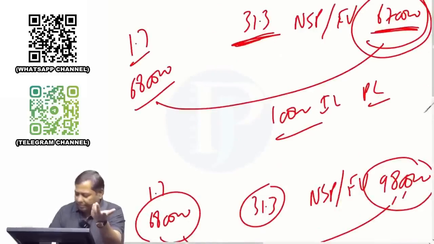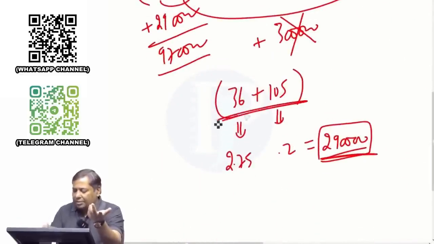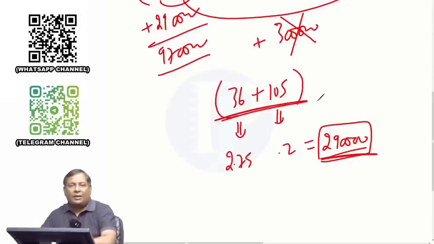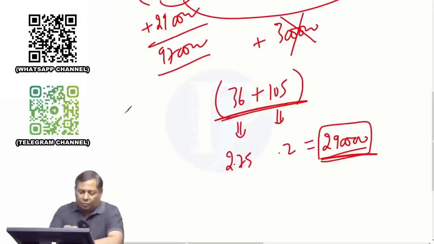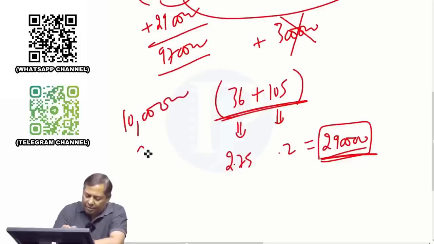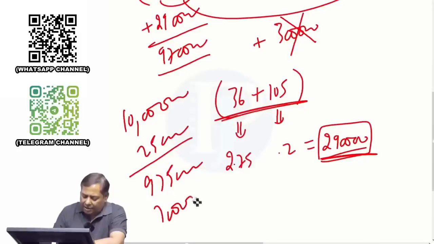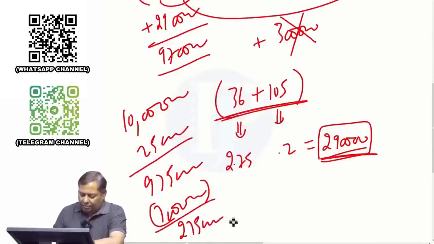You should check the value. I have told you the reasons to take 36 and 105. We started with 10 lakhs, subtracted 25, it came to 975, then increased it to 7 lakhs. So it was 275 plus 20,680, equal to 2,95,000.